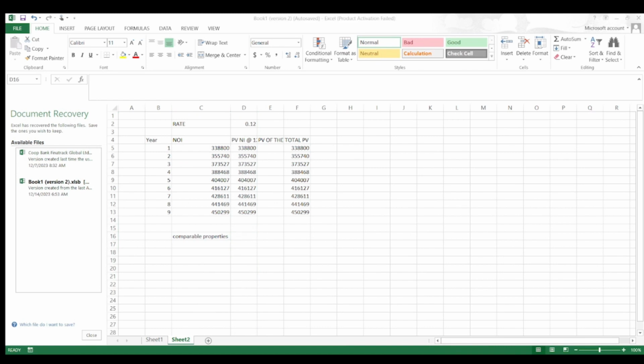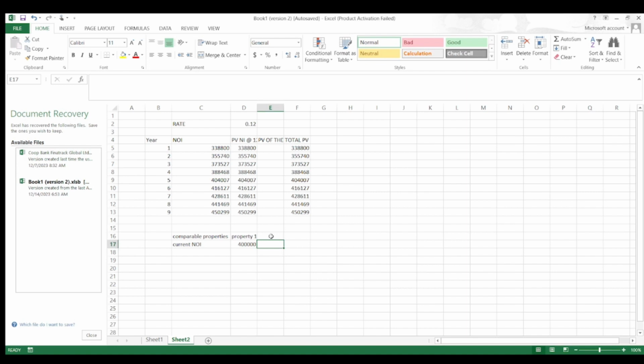For the first comparable property, the current net operating income is 400,000.